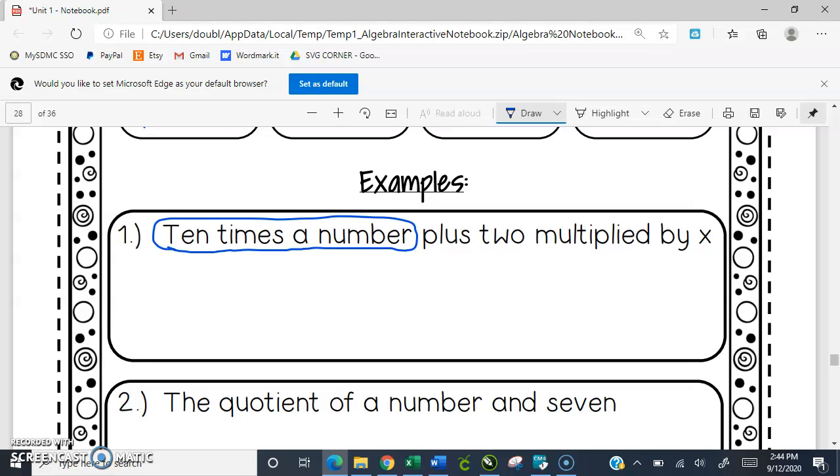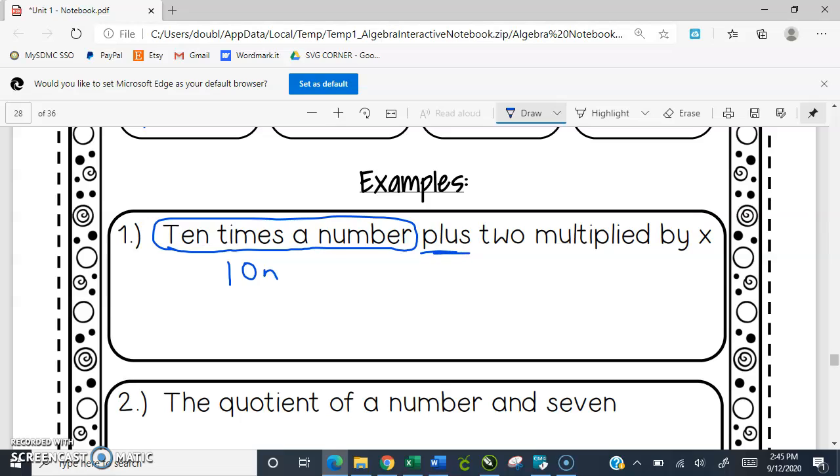Now anytime you see a number, it's basically a variable, so you can put whatever variable you want. If your name starts with a J, you can put a J. If it's a Y, put a Y. Normally we see things like N, so I go with 10N right now. So 10N. Remember, anytime a number and a variable are next to each other, they're multiplying.